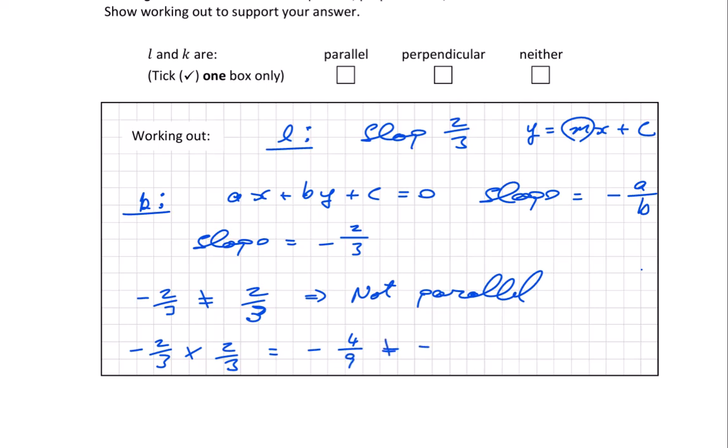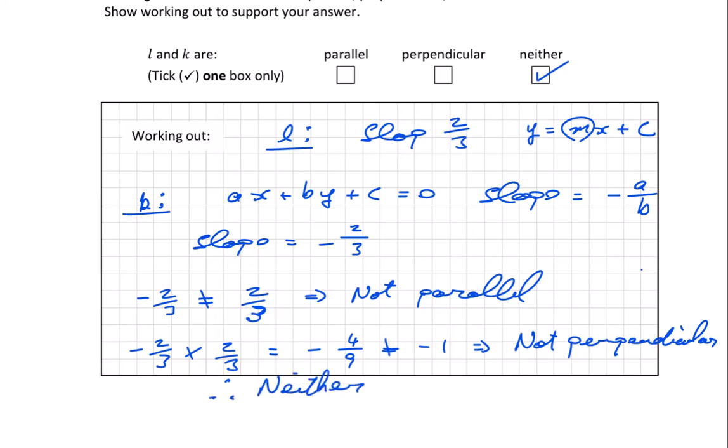That's not equal to minus 1. If you multiply two slopes together and you get minus 1, then the two lines are perpendicular. But when we multiply the two slopes, we get minus 4 over 9. So they are not perpendicular. Therefore, they are neither, so neither is the answer.